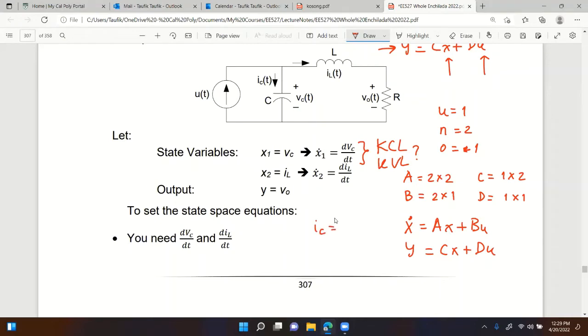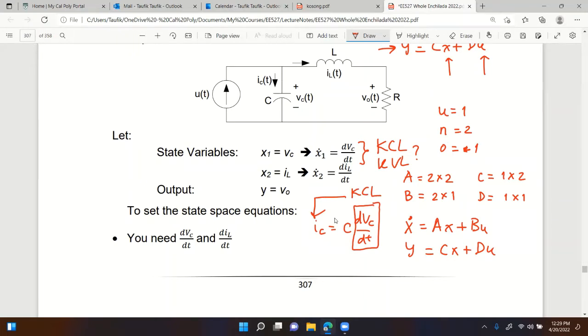So IC is equal to C dVC/dt. That's how we can get dVC/dt from IC. Because it is coming from IC, the law that we should apply to the circuit to get dVC/dt must be KCL. So yeah, you got it right.